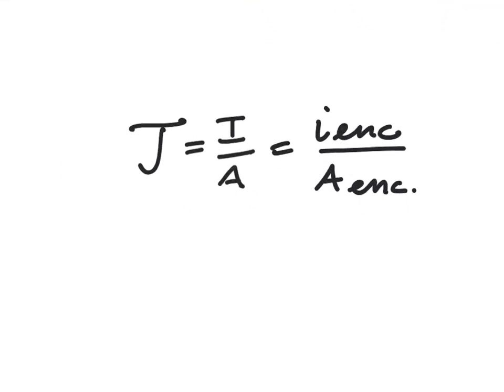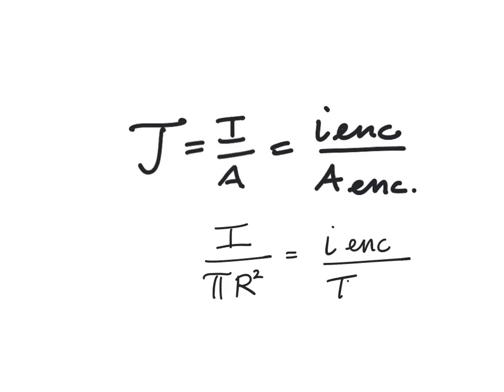So let's look at that in more detail. The total current through the cable over pi capital R squared would equal I enclosed over pi little r squared. Remember, this is the cross-sectional area of the whole cable, because this is the current through the whole cable. This is the current enclosed by our Amperian loop, and this is the cross-sectional area of our Amperian loop.